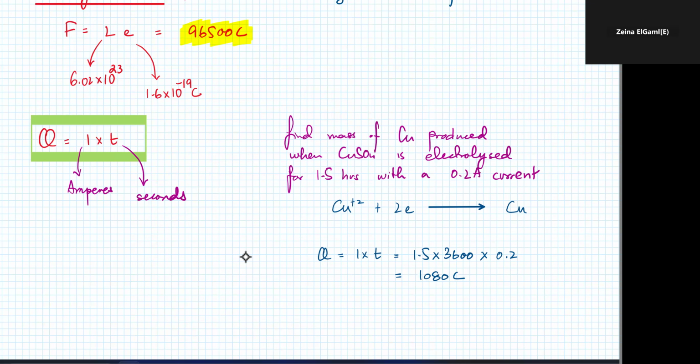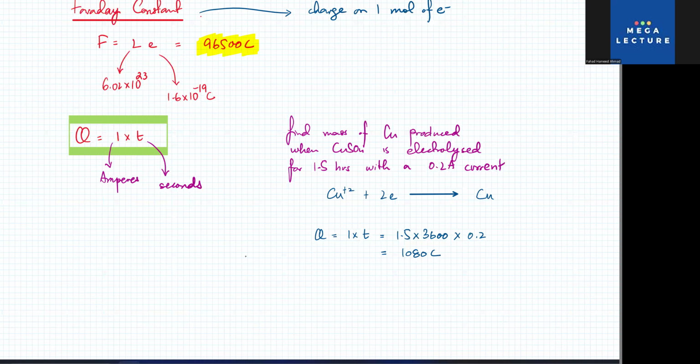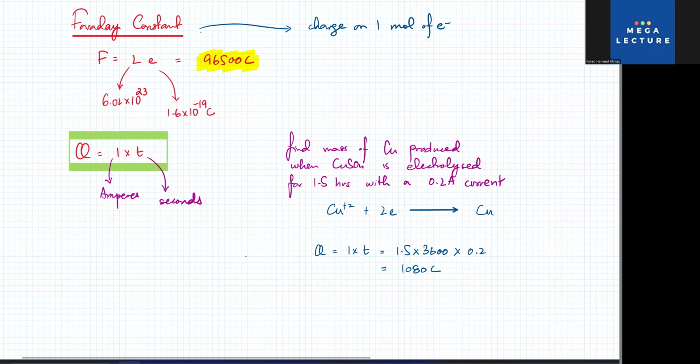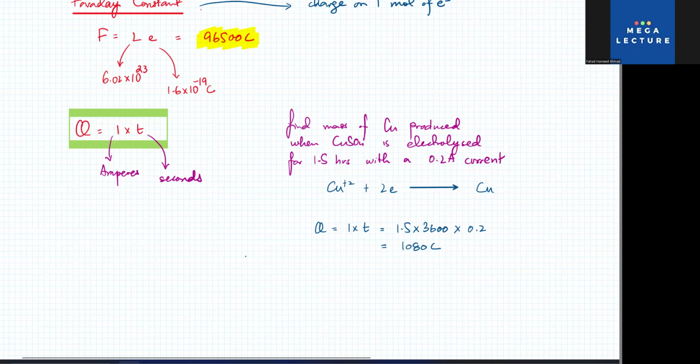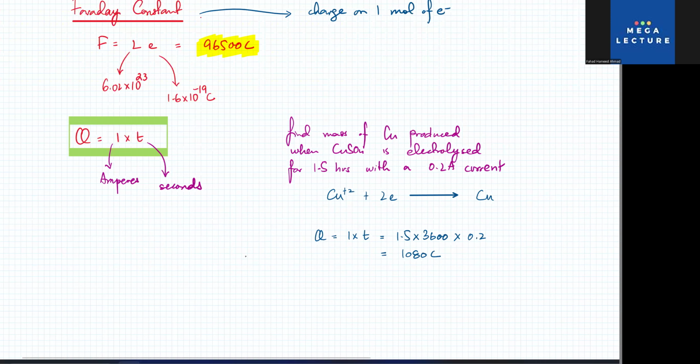1080. Okay. Now, what do you do with the Faraday constant? It's going to be used to convert into moles of electrons. So you know the charge. You know that 1 mole of electrons has a charge of 96,500 coulombs, right?